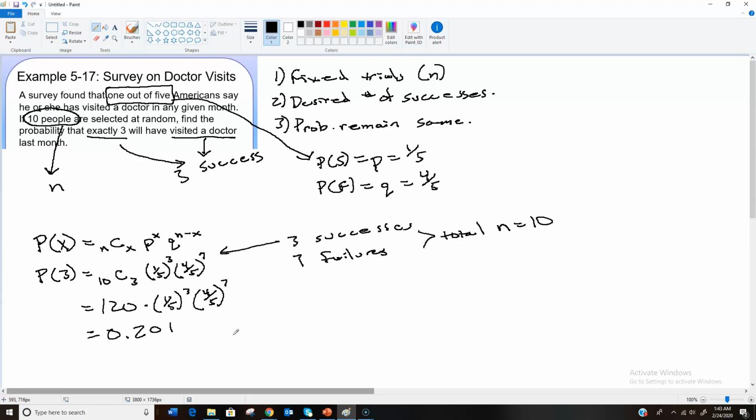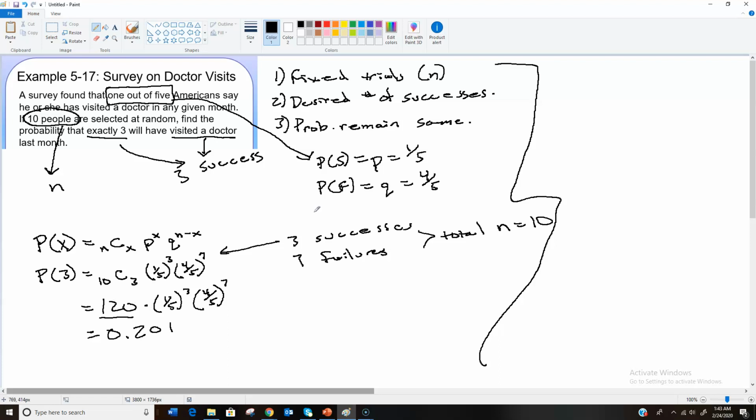Now, what is so special about this formula? Well, if we didn't do it this way, we would have to figure out the probability of all of the different ways that this could happen separately. Having exactly 3 out of 10 could happen in 120 different ways.